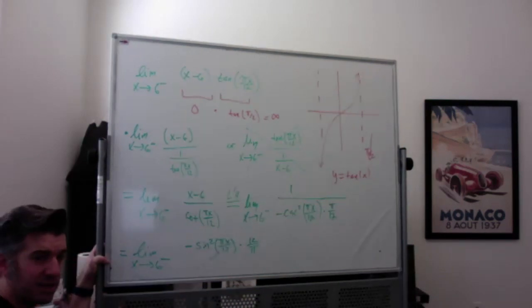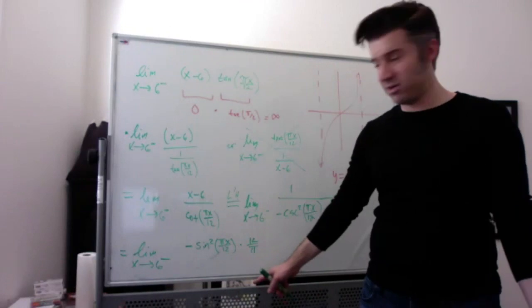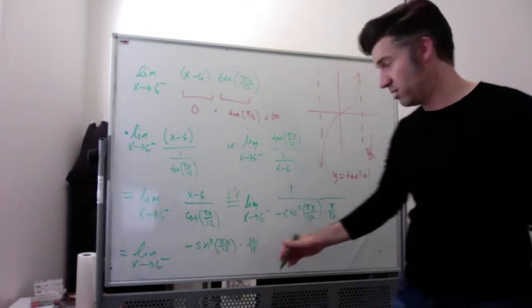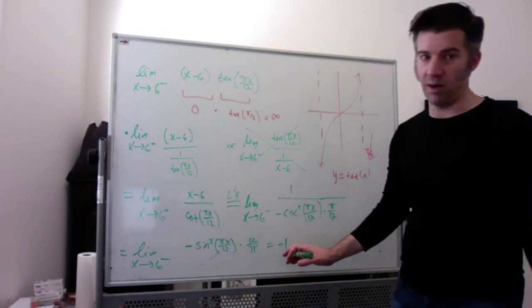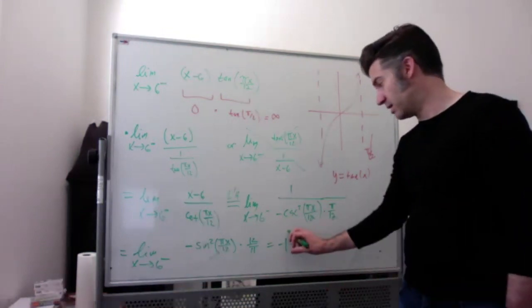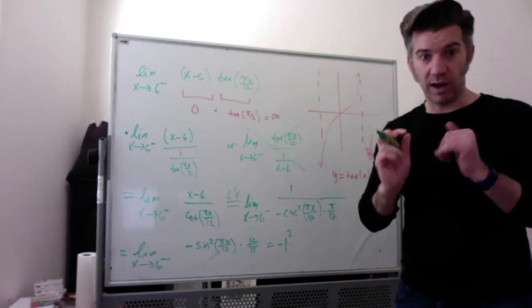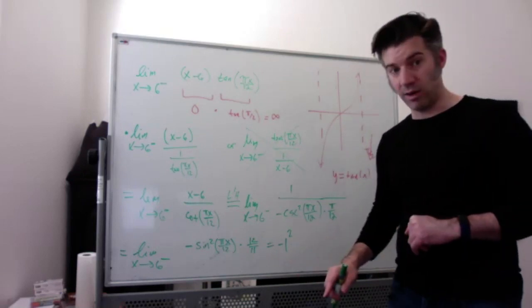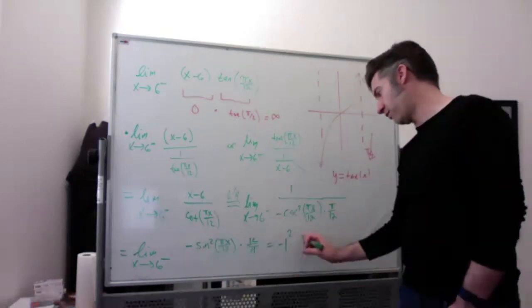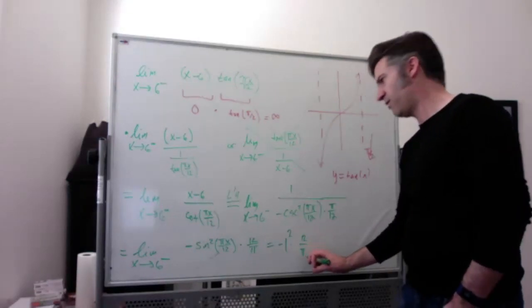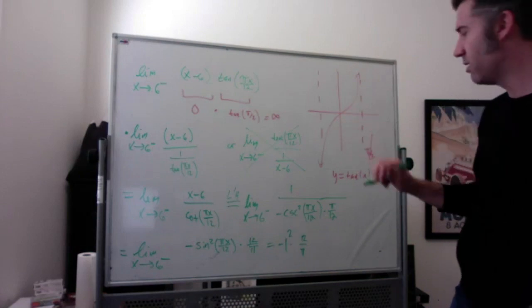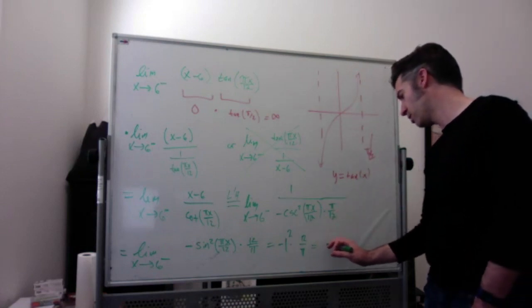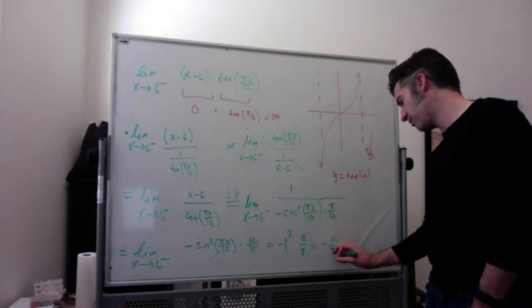And now we can just plug in 6. 6 times pi over 12 is pi over 2, and sine of pi over 2 is 1. So this is negative 1 times 12 over pi. I feel like I lost the minus sign. Oh, I did. So I get negative 12 over pi.